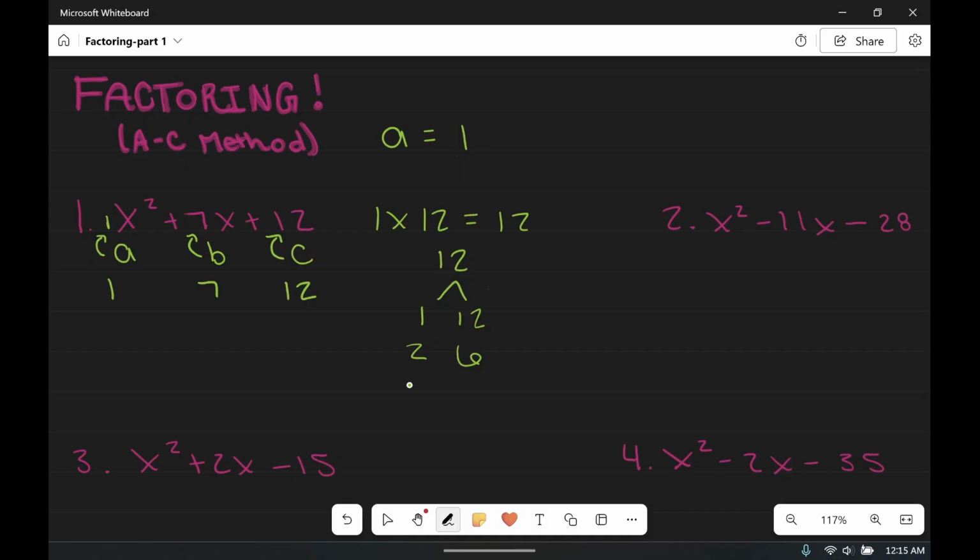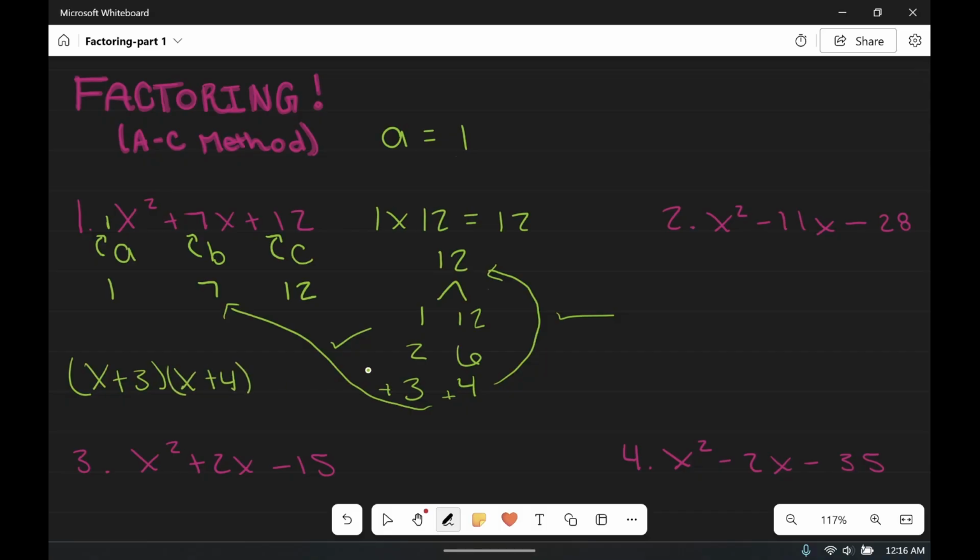So let's keep going. 3 times what equals 12? Well, 3 times 4 equals 12. Check. What about 3 plus 4? 3 plus 4 does indeed equal 7. And what we can do here is throw your signs right in front. We know that was positive to get both of those answers, and then put an x in front: x plus 3, x plus 4.